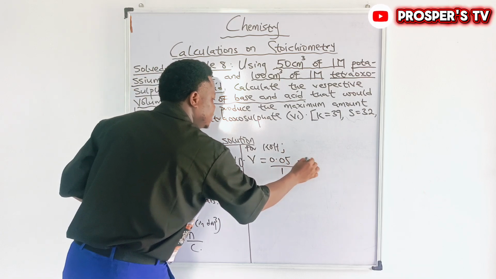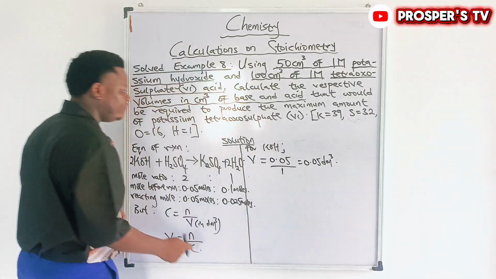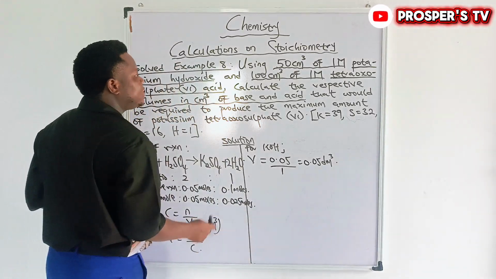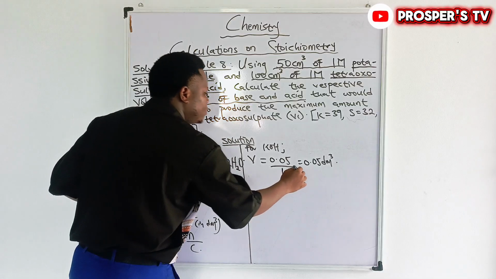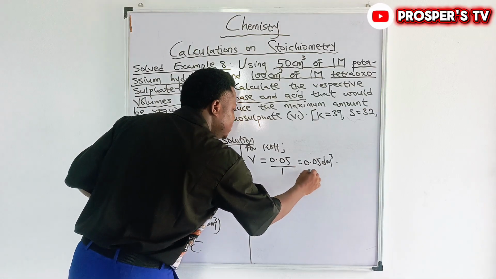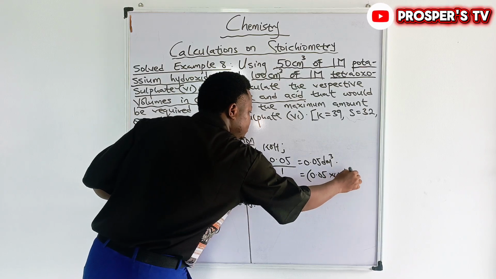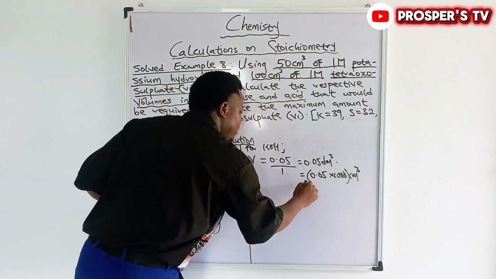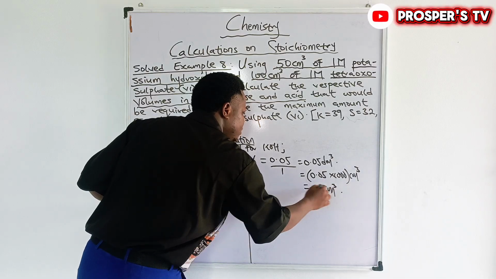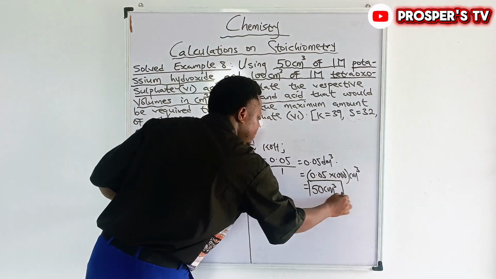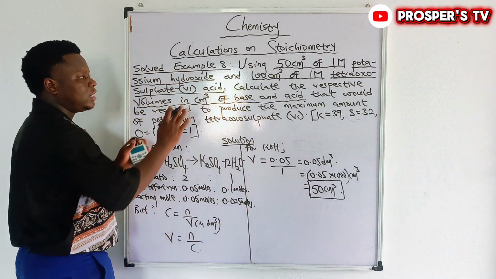So that is just 0.05 dm cube. Remember, your volume is in dm cube. But then the question said we should calculate in cm cube. So to convert that to cm cube, you multiply that result now by 1,000. So if you multiply by 1,000, you get what? 50 centimeter cube. So this is the volume of potassium hydroxide that would be needed for this reaction to occur.